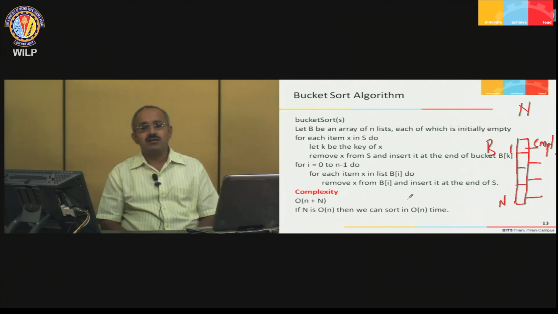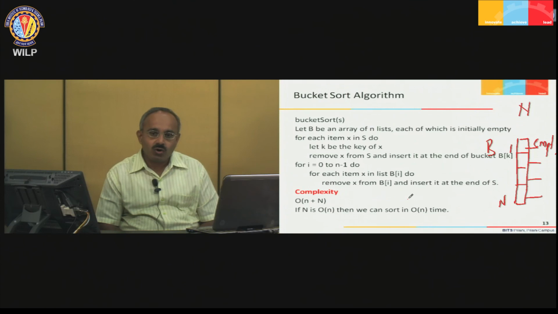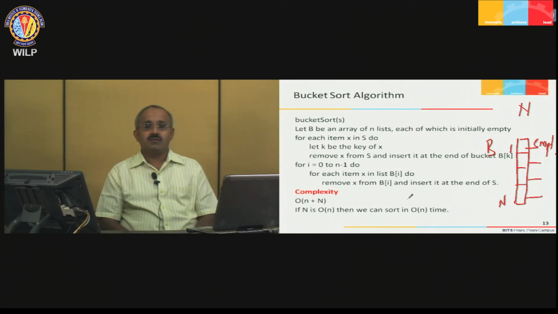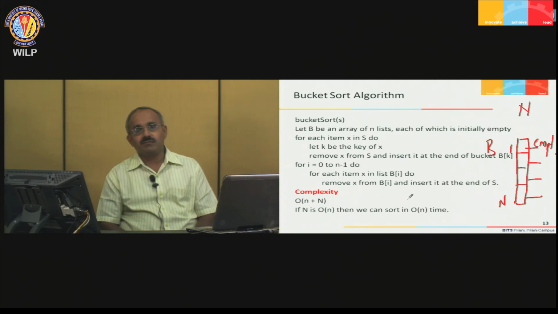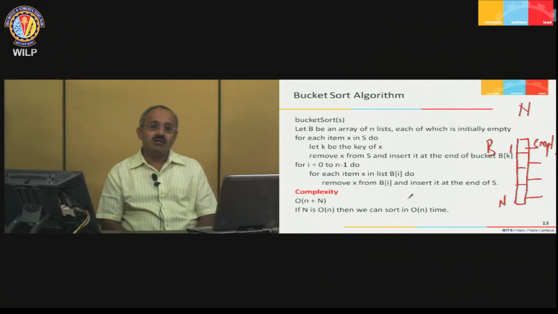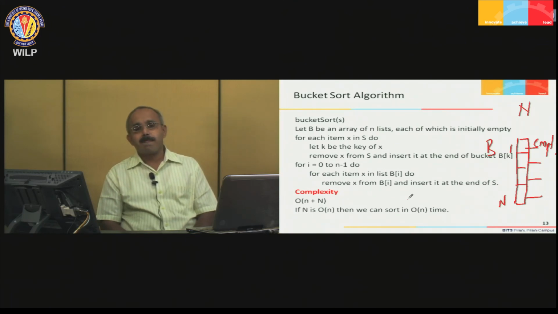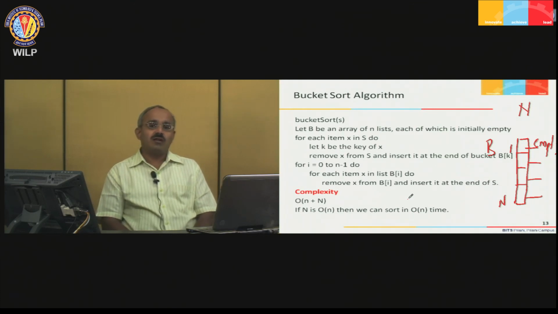We see that it is going to run in time order of n plus N. You have n elements, and capital N is the size of the bucket, or the upper bound on the sequence of elements that we have. It is easy to see that if N is of order n, then we can sort this in order n time.